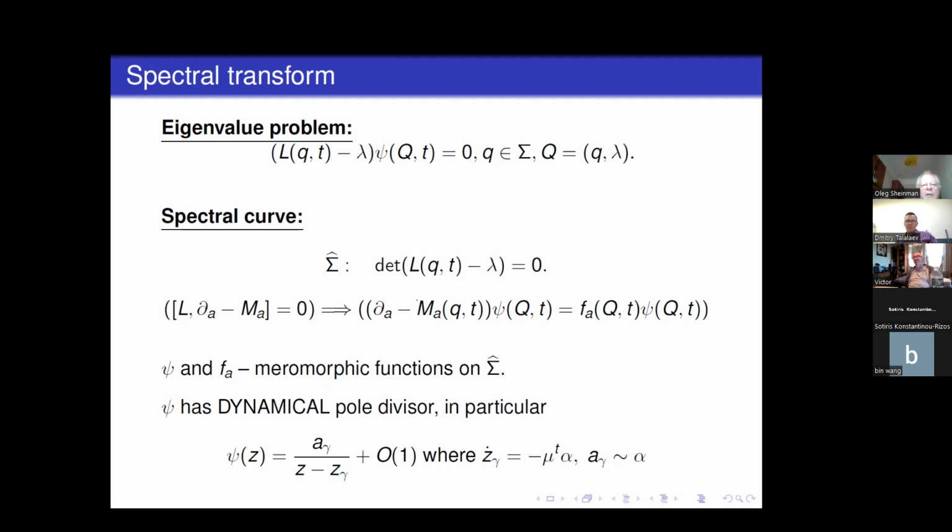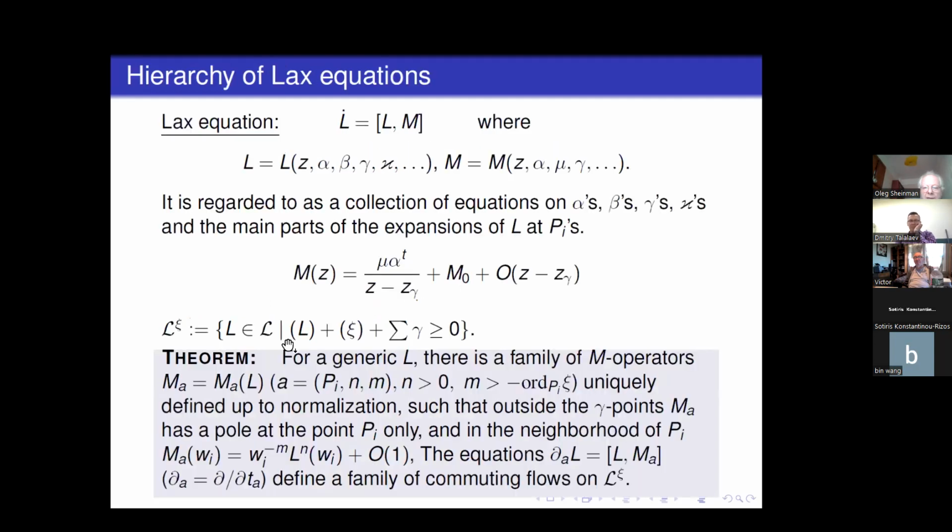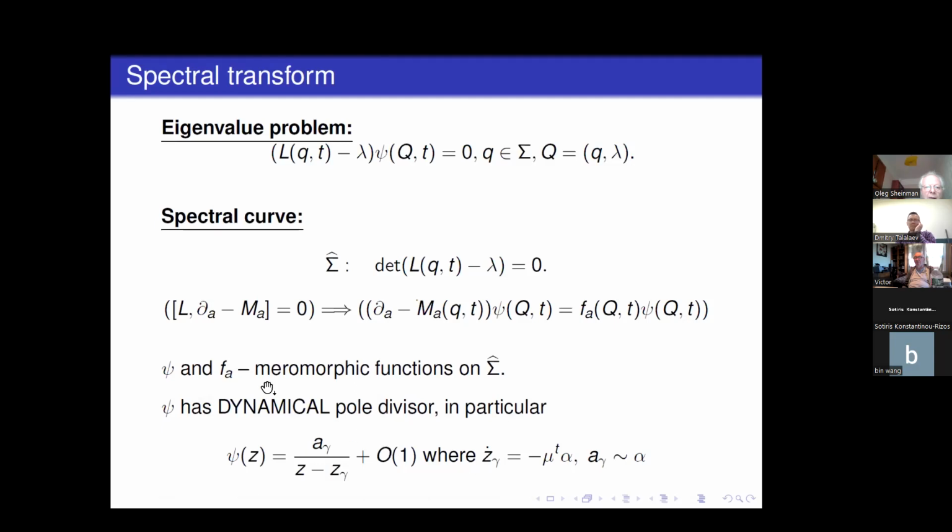Okay. Well, now by these Lax equations, these two operators commute: L and d_A minus M_A.